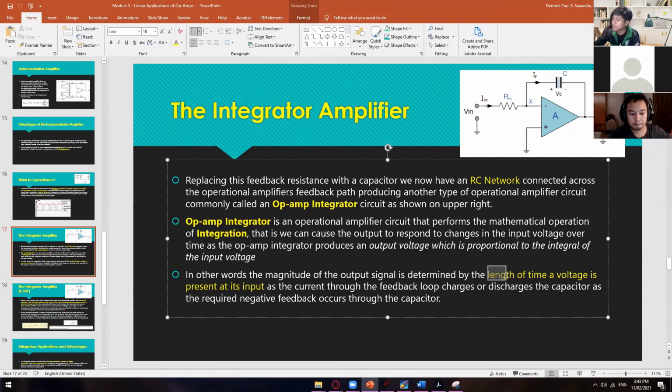So in here, the length of time of a voltage is very important. Why? Because we're using a capacitor. And also, the charging time and the discharging time of your capacitor depend on its value. The higher the capacitance, the more it will oppose your output. The lesser the capacitance, the more it will not change anything between your input and output.